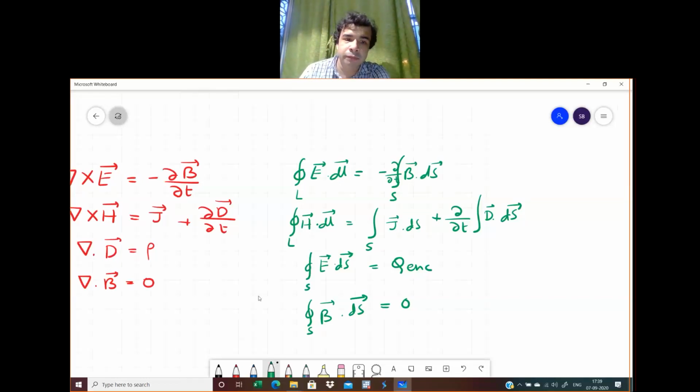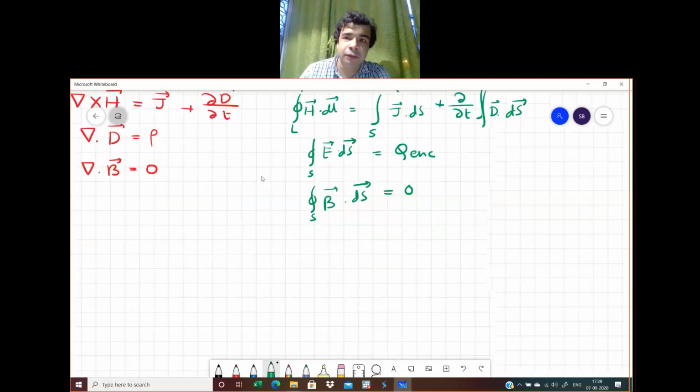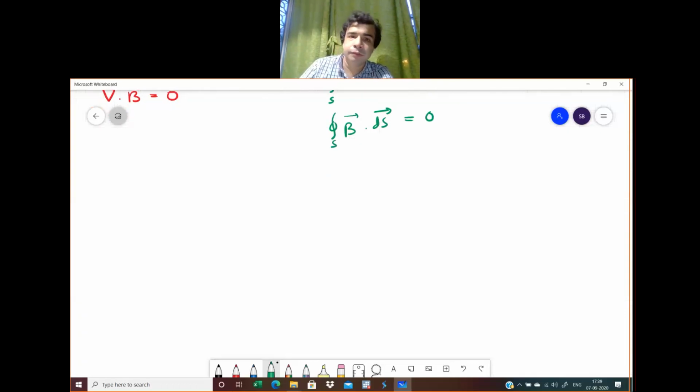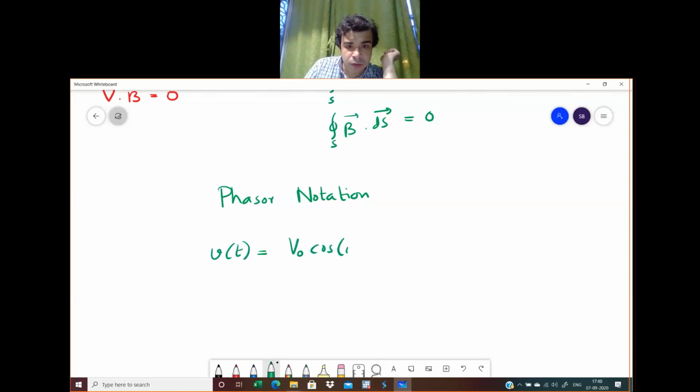Before we start the main proceedings, let us revise something which we had done in the first year. That is called phasor notation. We had already done this in first year. So just to revise, we had seen that the voltage waveform V(t) will look something like this, cos omega t.